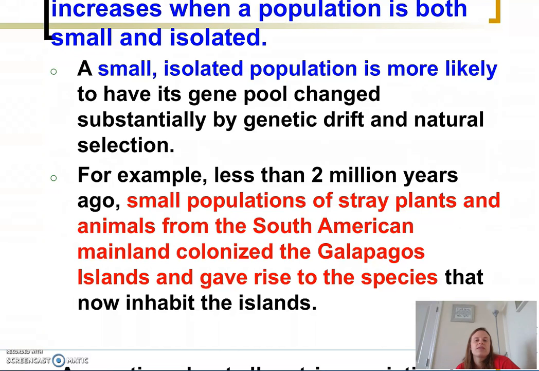Furthermore, if there is a small population, you're also more likely to see allopatric speciation.